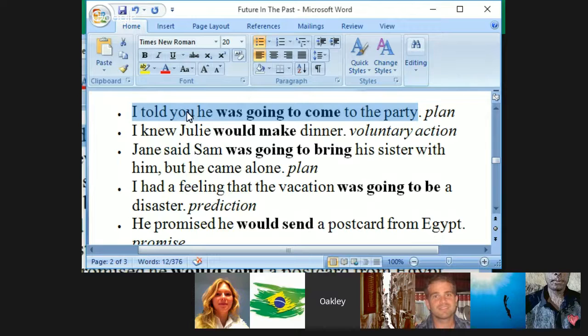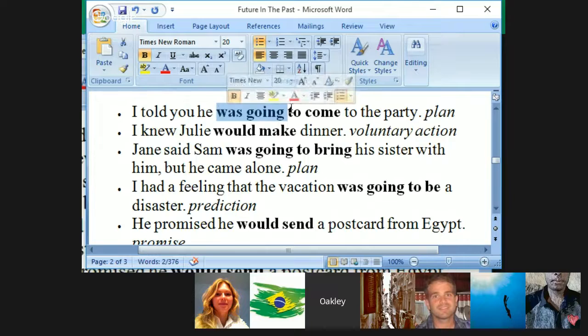You're reporting yourself. So reported speech is one aspect where we frequently use a future in the past construction. It's very normal. And here's an example of that. You're talking about plans from the past. So here you have to use the going to construction, not would.